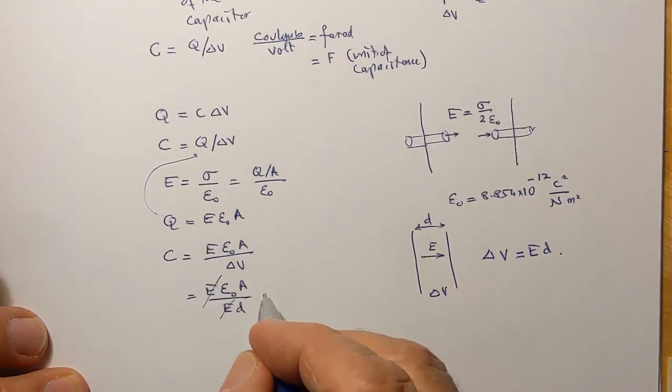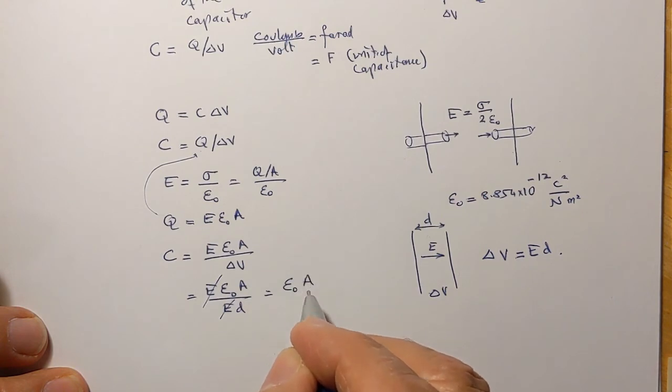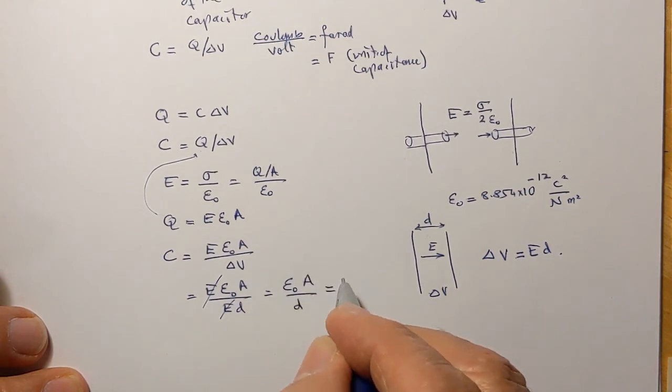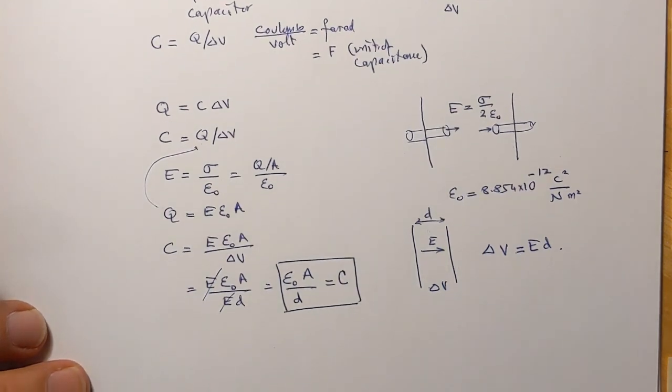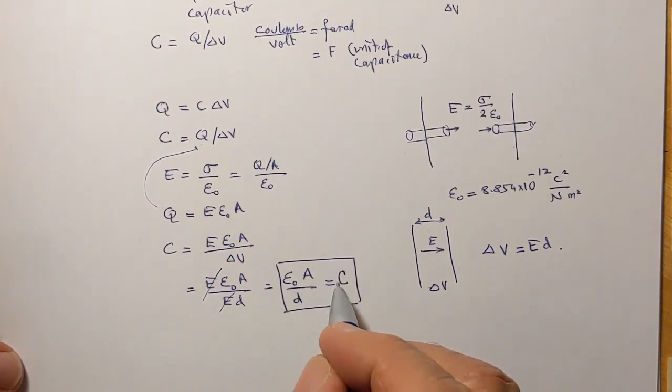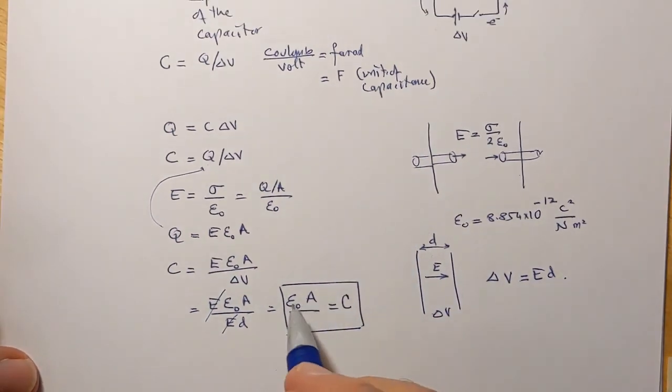The E's will cancel, and this becomes epsilon naught A over D, and that is the value of the capacitance of this capacitor. So if the area of the plate is A and the distance between the plates is D, then that is the value of the capacitance.